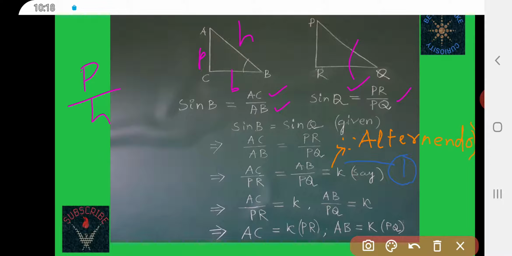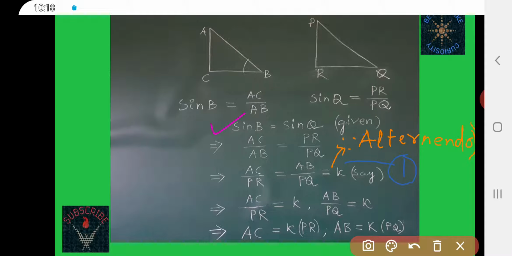For angle Q, here perpendicular P is your PR, hypotenuse is PQ, and RQ is your base. So P by H, here P is PR and H is PQ. So sin Q is equal to P by H, that is PR by PQ.